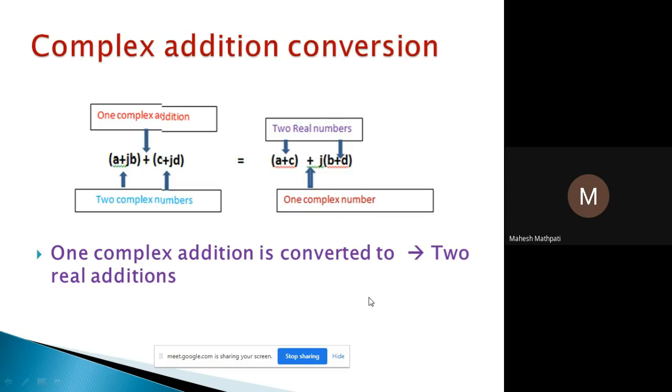Hence N minus 1 into N complex additions are, so here you have to write N as capital N, N minus 1 into N complex additions are converted to, so what is the answer here?